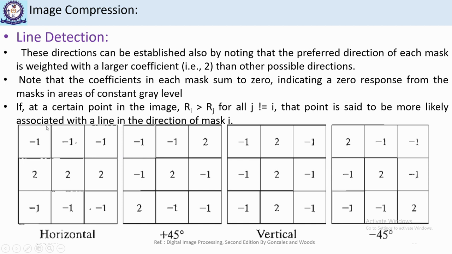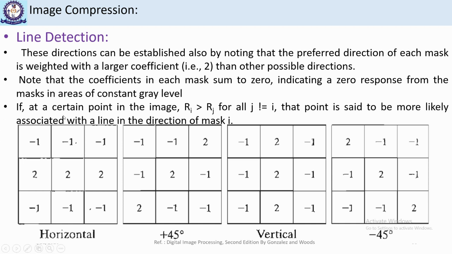Hope that is clear. Now if a particular region or a particular point is giving a response for more than one filter, then how will we decide that this particular point belongs to that particular direction?